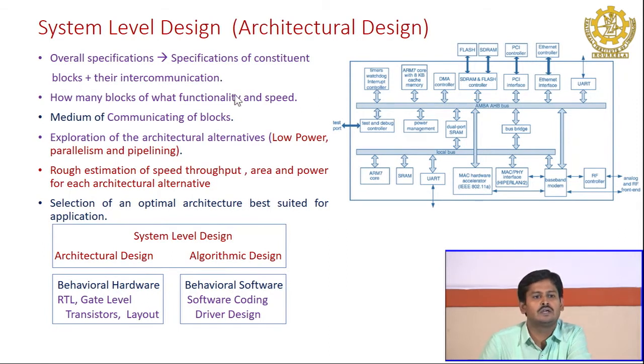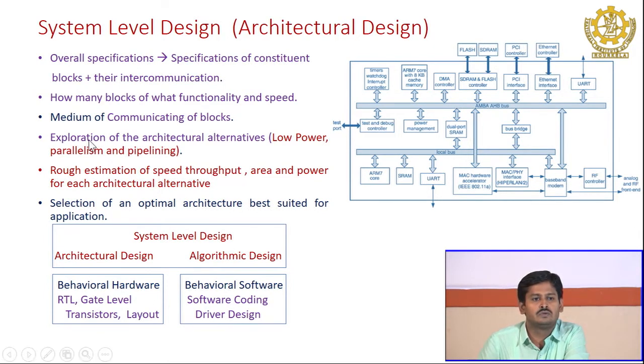So, the overall specification in system level design is divided into specifications of constituent blocks. One example I have given here, we will come to it. Also, what the different blocks are and how they communicate with each other, because improper communication will not lead to a system. You will have data loss in the design.